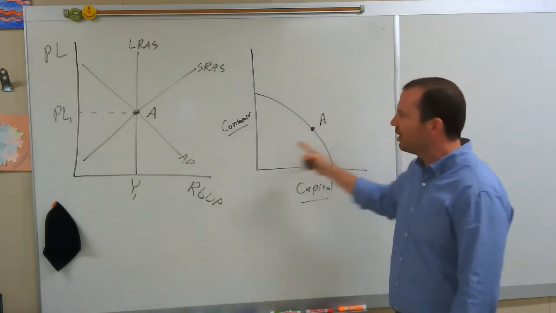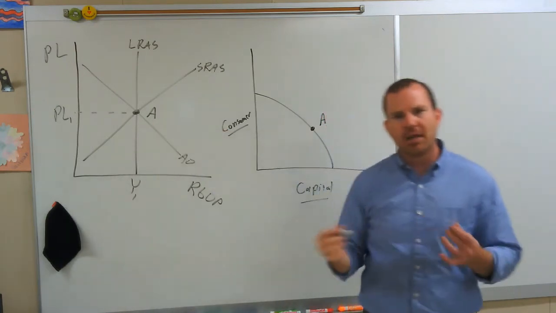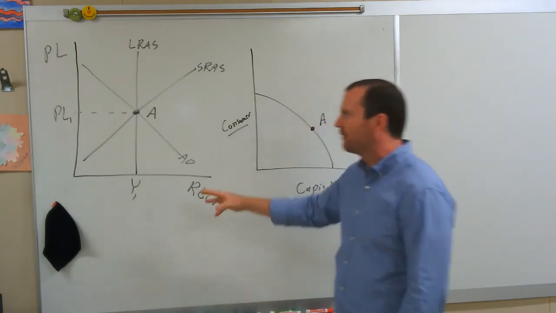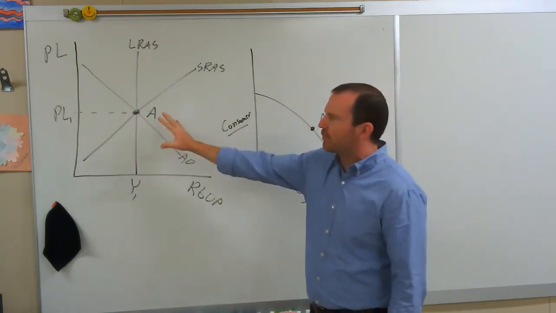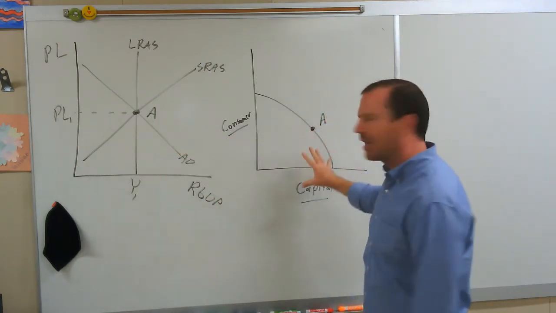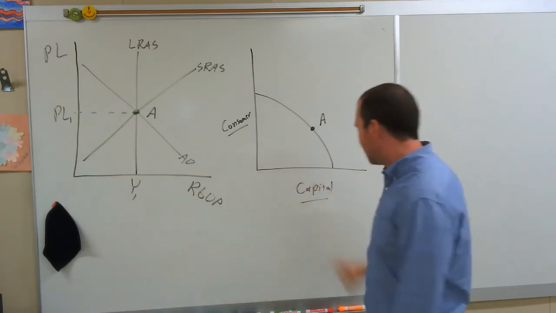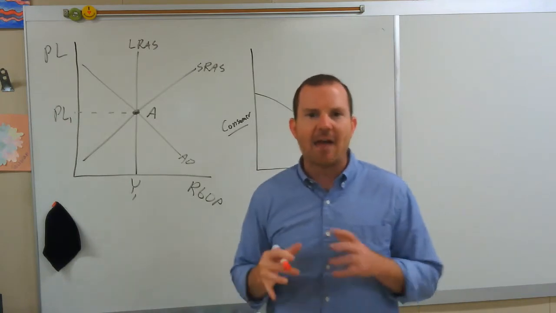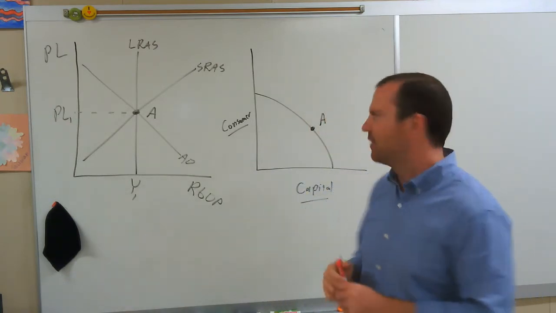So our point A right here and this point A right here, they correlate with each other, okay? They show us the same situation in the economy. They just show us with two different sets of data. This is looking at price level and real GDP. This is looking at consumer and capital goods. But they're both showing us at our potential output, at the natural rate of unemployment, at full employment output, okay? Both of them show us that.